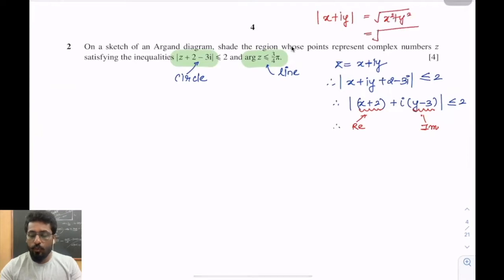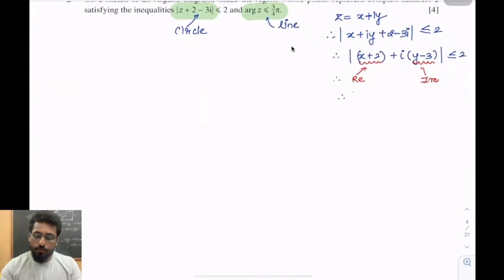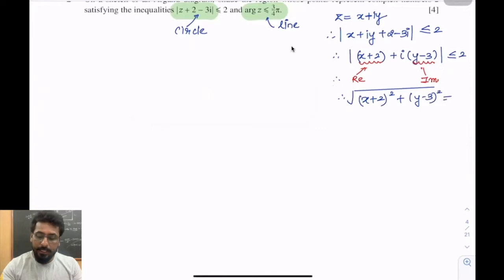So that's square root of the real part square plus the imaginary part square. So in our case, it's going to be what? Square root of x plus 2 the whole square plus y minus 3 the whole square is less than or equal to 2.